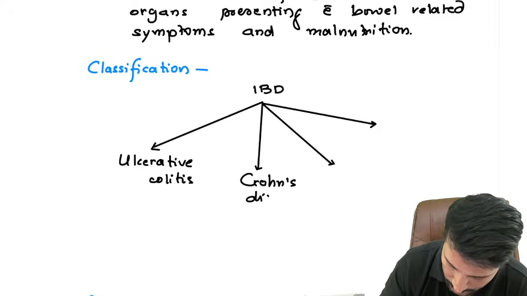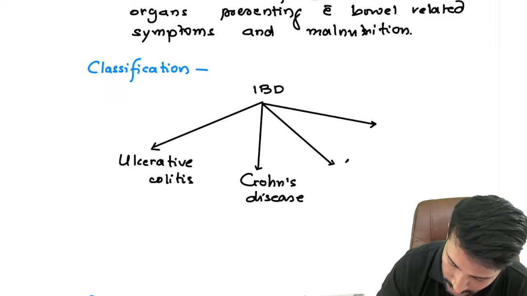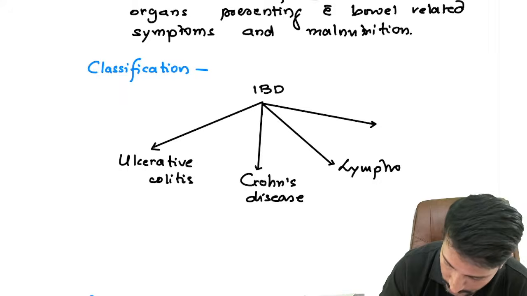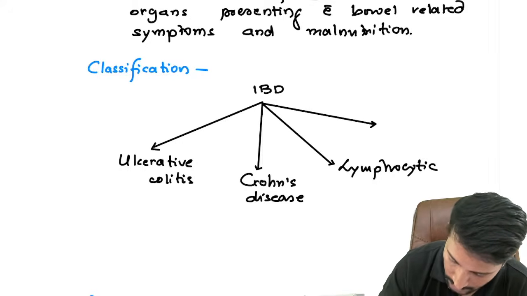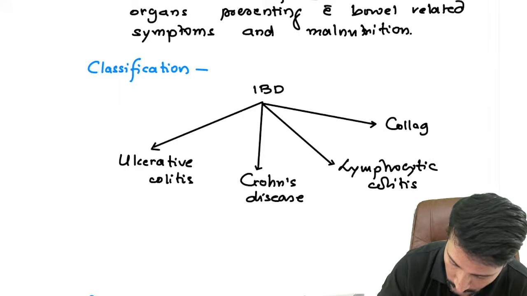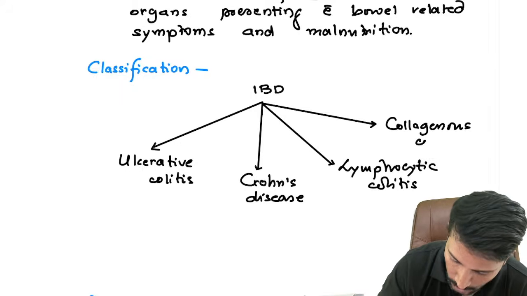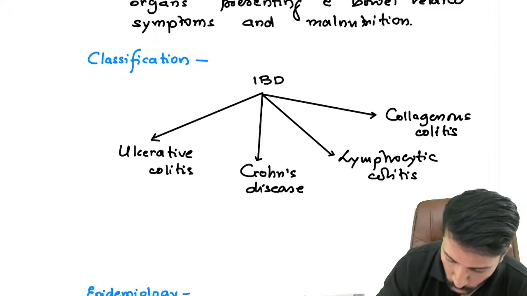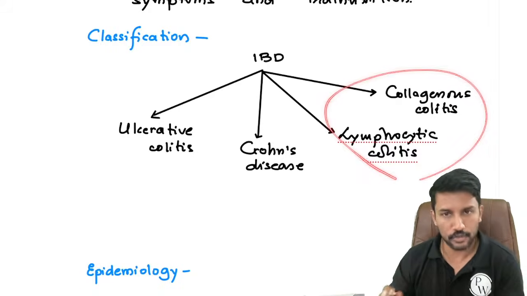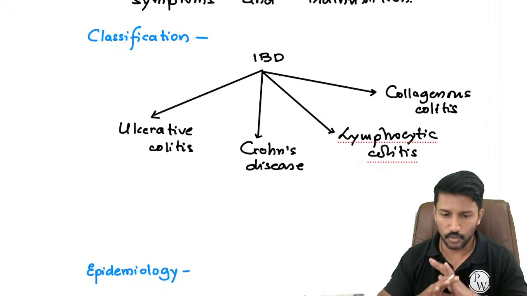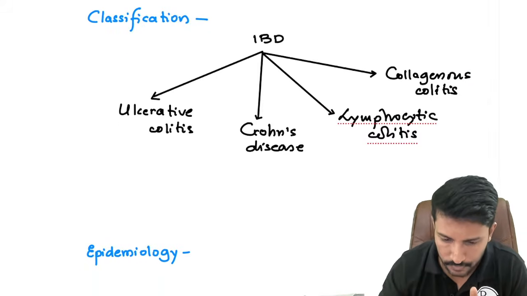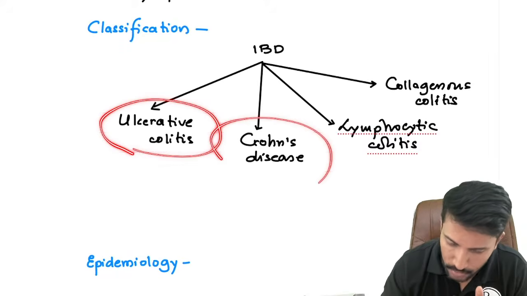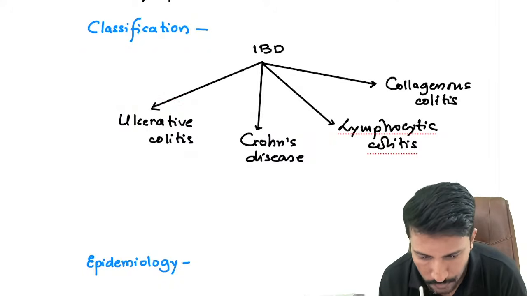Third one is lymphocytic colitis. And the fourth one is collagenous colitis. For the theory exam, don't bother about what is lymphocytic colitis and collagenous colitis. You are not expected to write about it. Ulcerative and Crohn's is what you need to know.